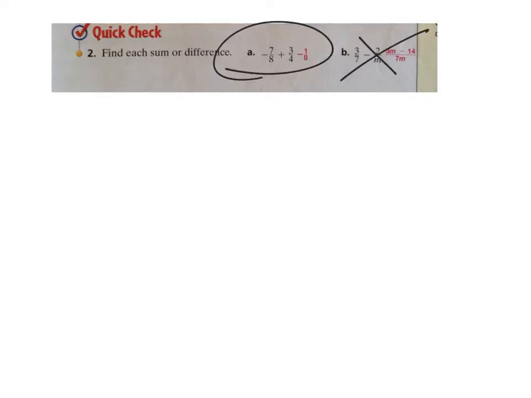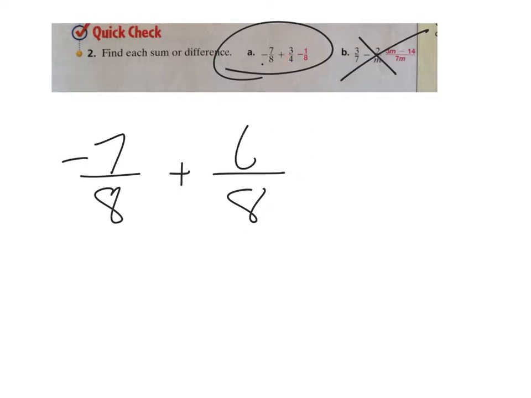Just work this one. So we have a common denominator, hopefully you can see, is going to be 8, right? 8 and 4 both go into 8. The first one's already an eighth, so I can leave it alone. I don't have to multiply. I mean, if you think about it, 8 goes into 8 one time. 1 times 7 is 7. But 4 goes into 8 2 times. 2 times 3 is 6.